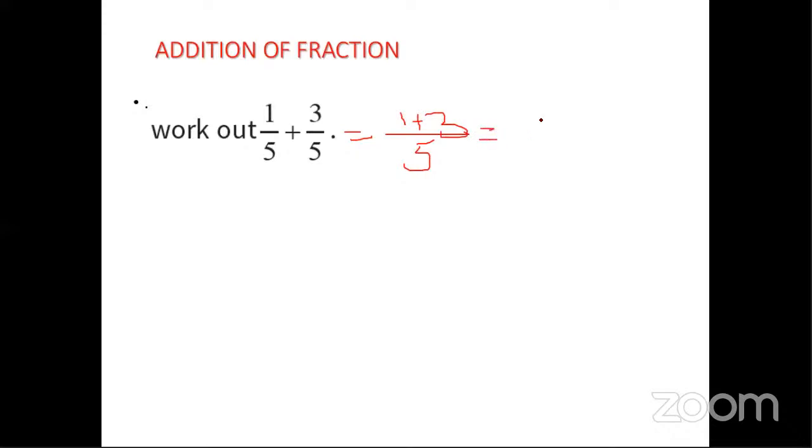Here we will come up with 4 out of the 5. Please, you can simplify if you can. If the number can't be simplified, please, you leave it as it is. Okay, that's a key thing that we also need to get to know.